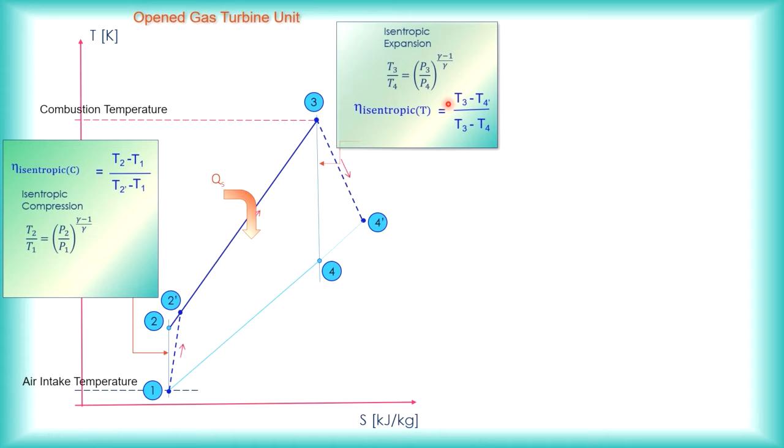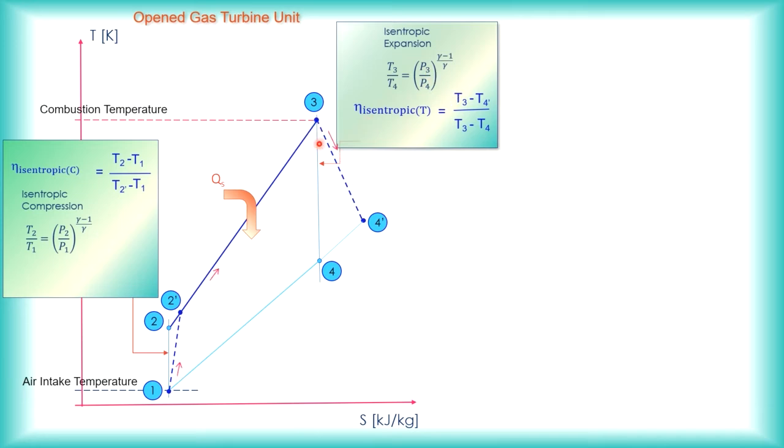So usually we have CPG here, for both the actual and the theoretical. We have CPG (T3 minus T4 prime), which is the actual work output, divided by the theoretical work output, which is CPG (T3 minus T4). Remember, CPG will be struck off because it is common to both the numerator and the denominator, so you can neglect it, or if you want to include it, you can do so.